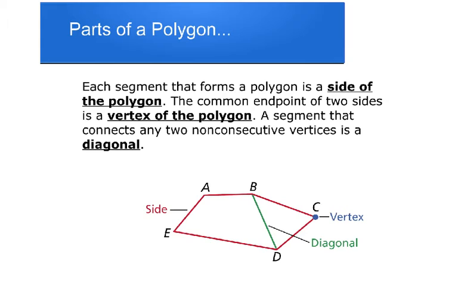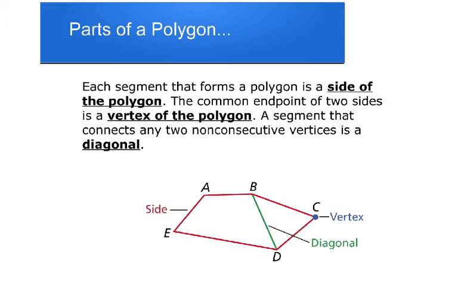Alright, parts of a polygon. Each segment that forms a polygon is a side of a polygon. So here we have sides. Sides AE, ED, DC, CB, and BC. Those are all the sides of this polygon.